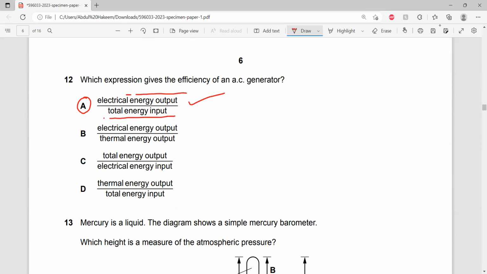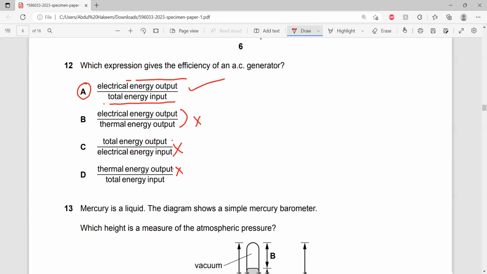So here both are outputs, which is wrong. This is total energy output divided by electrical energy input. No. For the generator, electric energy is not input. There will be chemical energy of the fuel. Thermal energy output, no. Electric energy output. So you have to select this A.